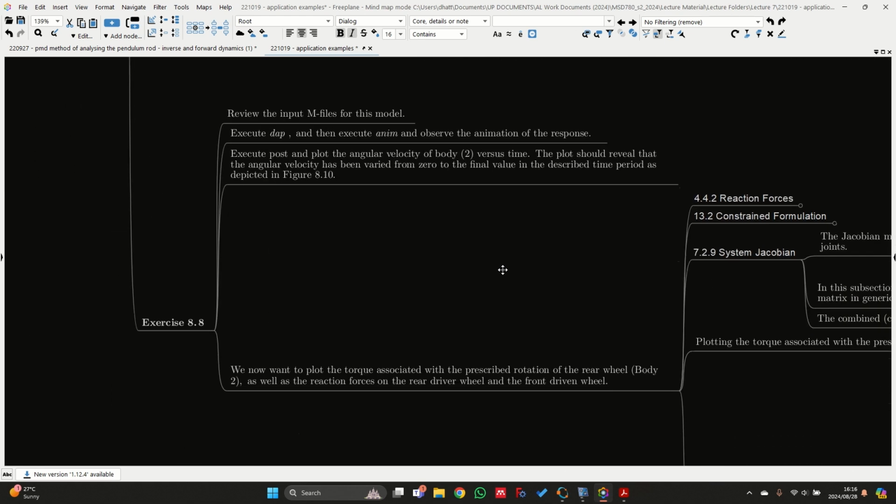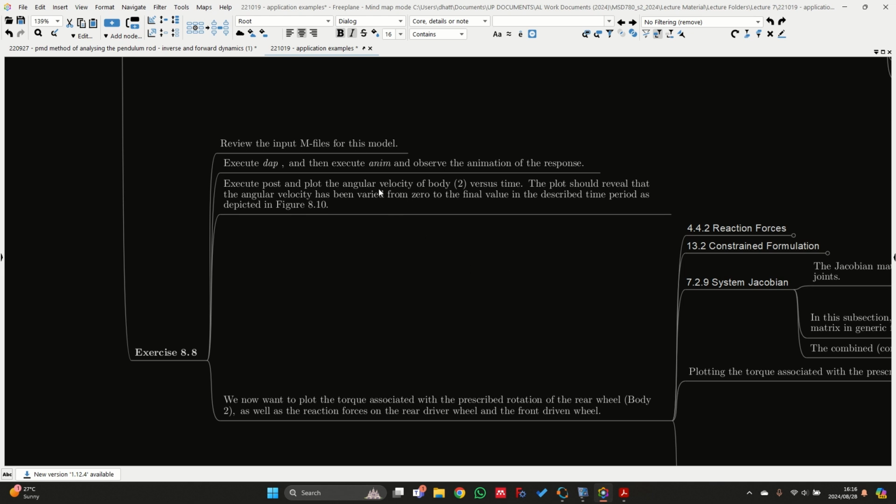Right, so next up we want to execute post, and we want to plot the angular velocity of body 2 versus time. The plot should reveal that the angular velocity has been varied from 0 to the final value in the described time period as depicted in figure 8.10.